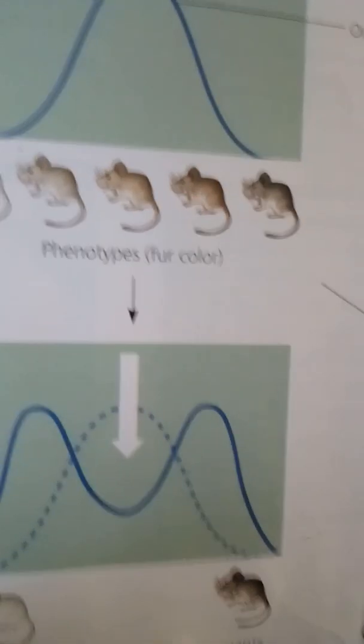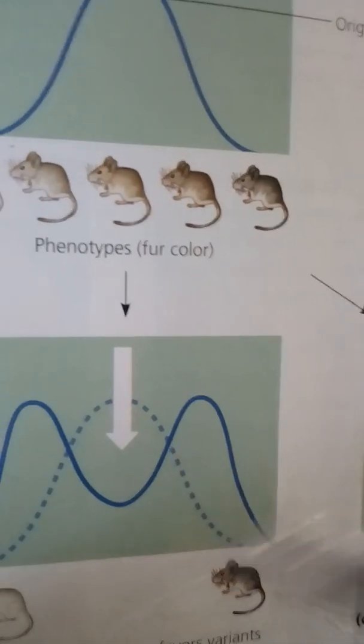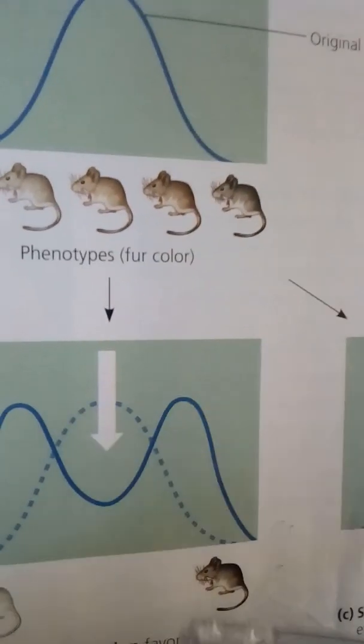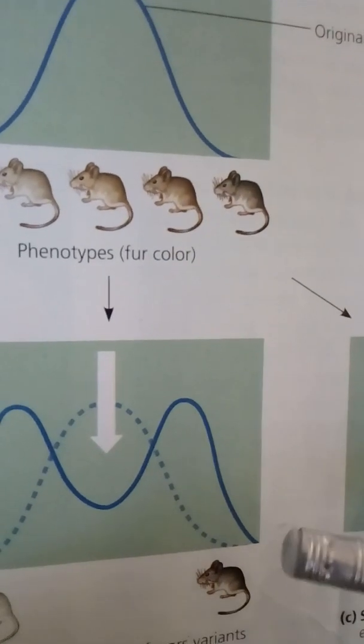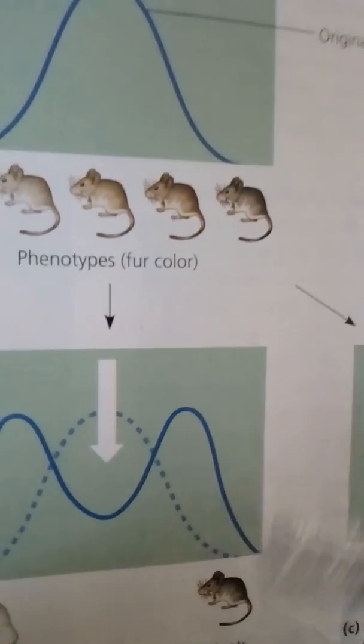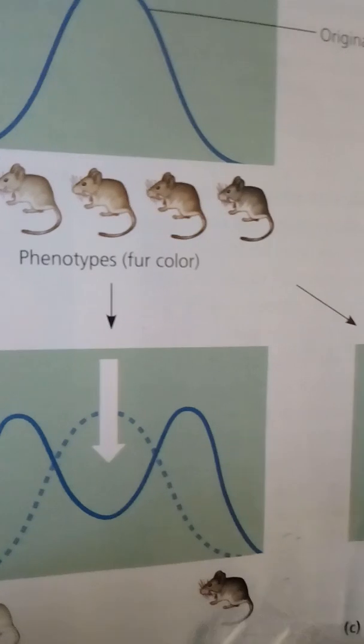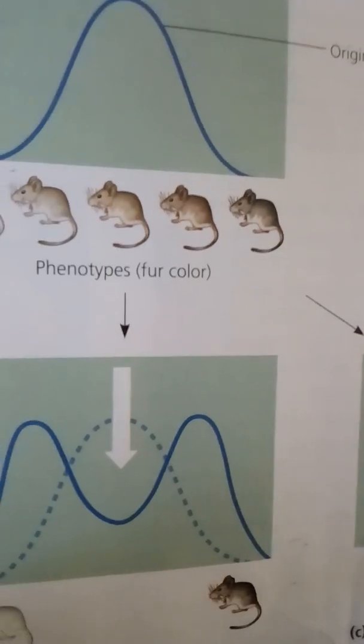Notice also disruptive selection favors variants at both ends of the distribution. These mice have colonized habitats made up of light and dark rocks, with the result that mice of an intermediate color are at a disadvantage.